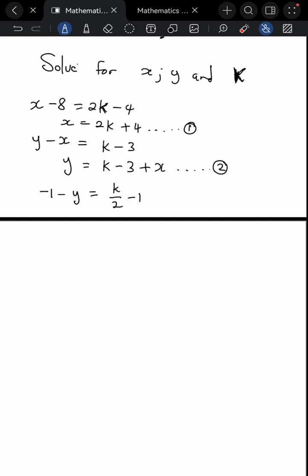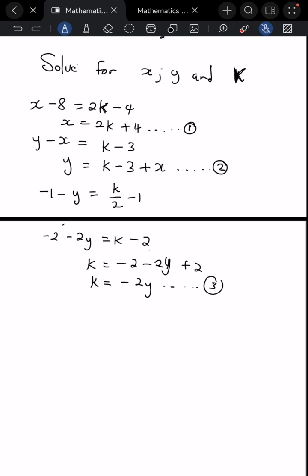We first multiply everything by 2: -2 - 2y = k - 2. Therefore k = -2 - 2y + 2, and the 2s cancel, so k = -2y. This becomes our third equation.